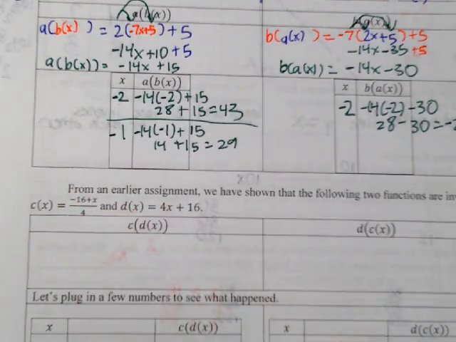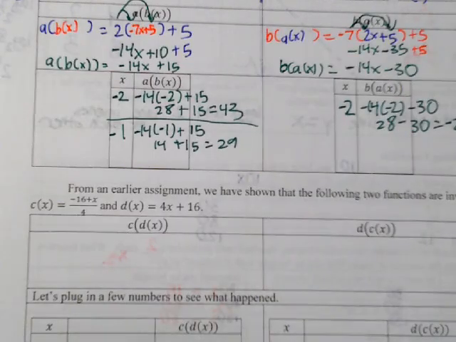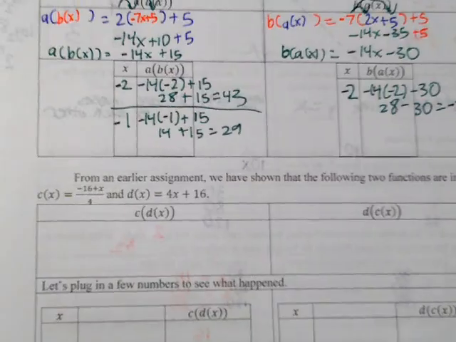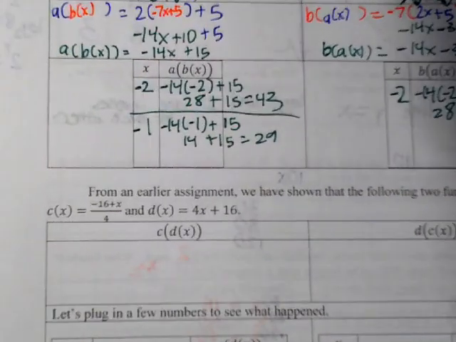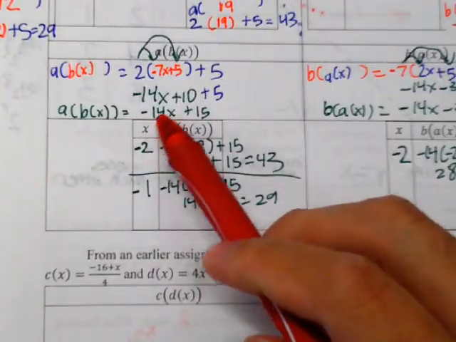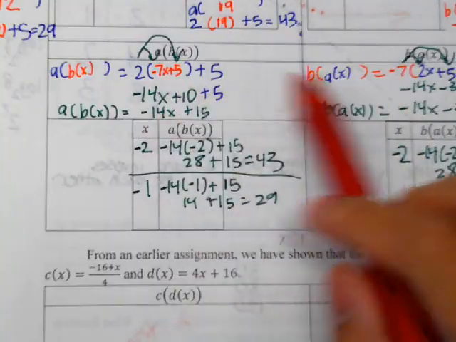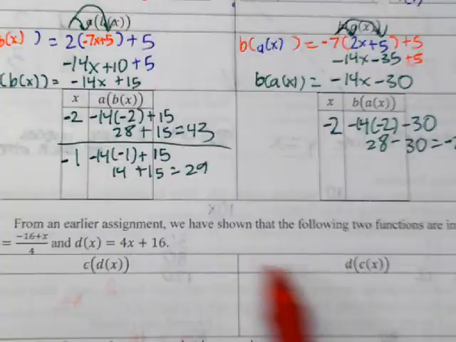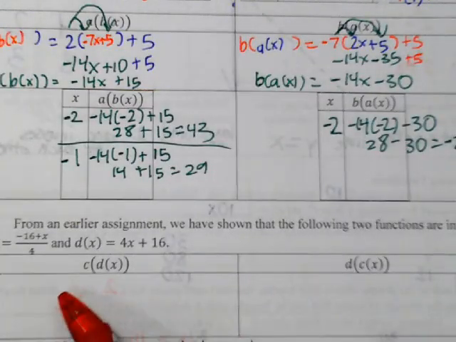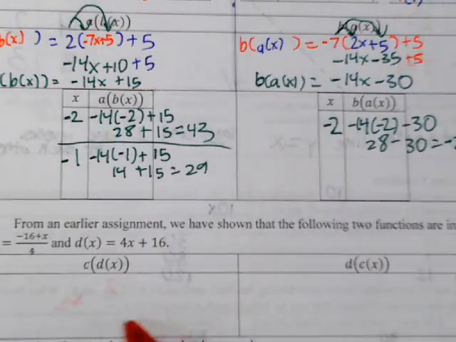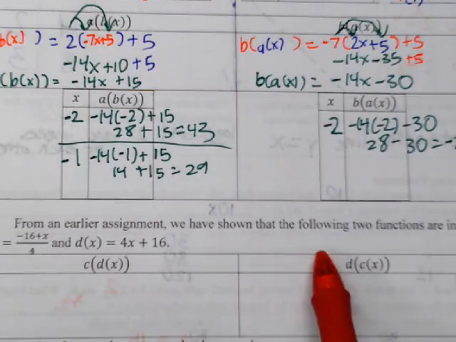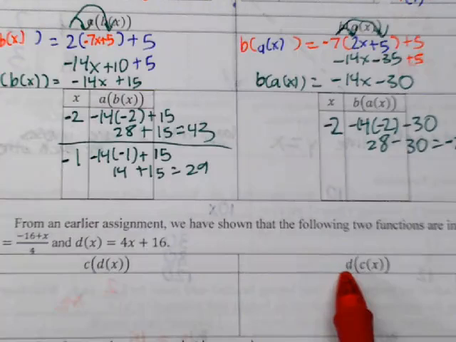I want you to do the composition of the two functions and do it in both orders. First have c on the outside, and then after you've simplified as much as possible, put function d on the outside. Okay, so please take a couple minutes and try to do these two compositions. Again, you're leaving x in the function, you're not picking a number for x.